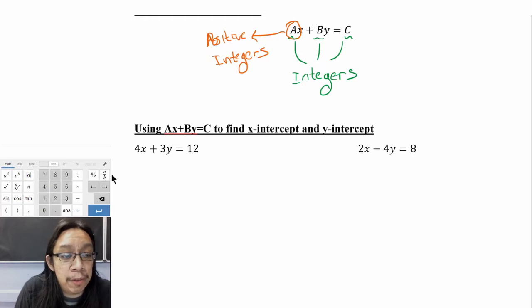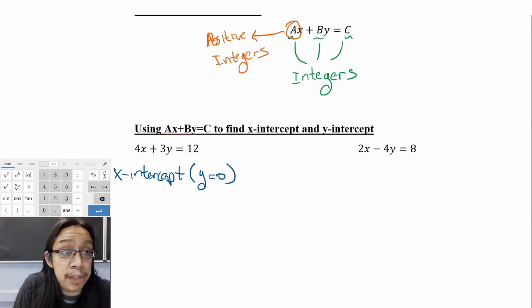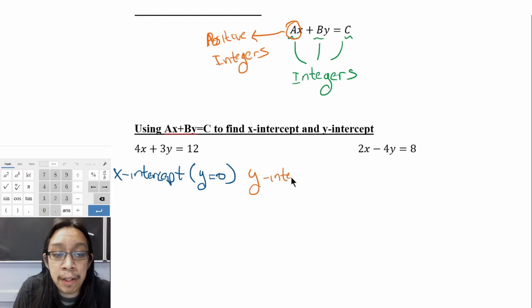The first fact to recall is that the x-intercept is the spot on the table or on your graph where y is equal to 0. And on the flip side, the y-intercept is the spot on the table or graph where x is equal to 0.